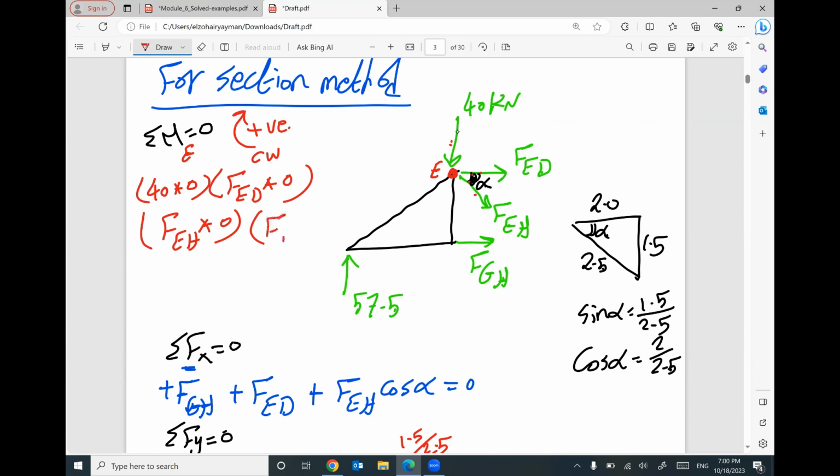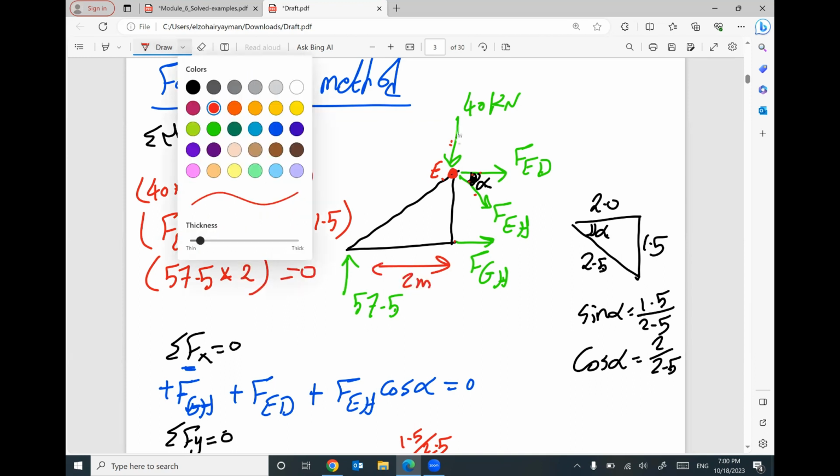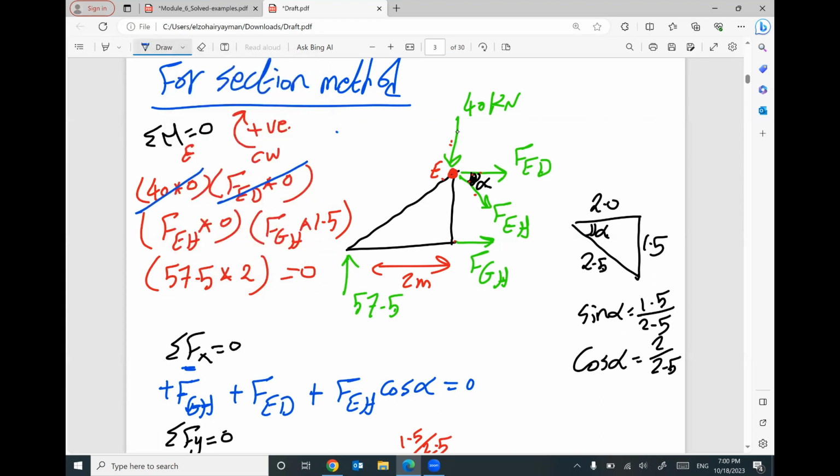FGH will be multiplied by the vertical distance, which is 1.5, and 57.5 will be multiplied by the horizontal distance, which is 2 meters, equals 0. These terms will be cancelled. FGH rotates counterclockwise, 57.5 rotates clockwise, so it will be positive. The only unknown here is FGH, I'm sorry. I can find it. It will be positive 76.67.